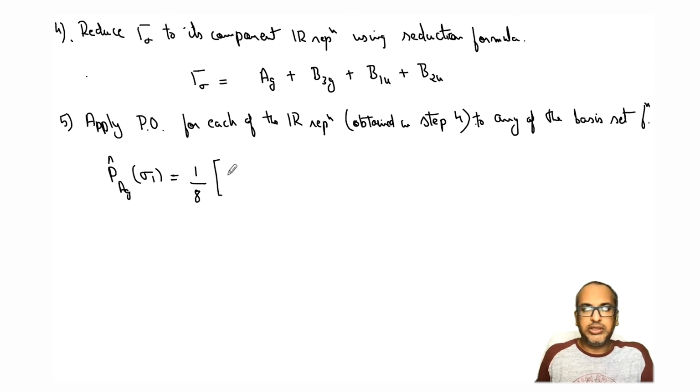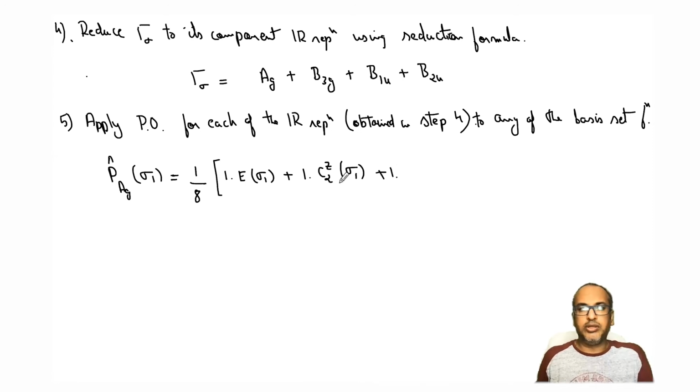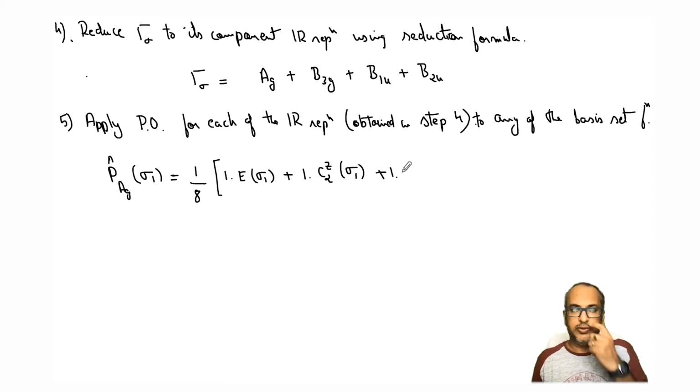Then you have to take out from the character table the character under the AG representation, that is 1 into the effect of E on sigma 1. Similarly, 1 into C2Z on sigma 1, plus, since AG is a totally symmetric representation, all the characters are going to be 1. That's why I don't have to look at the character table here.